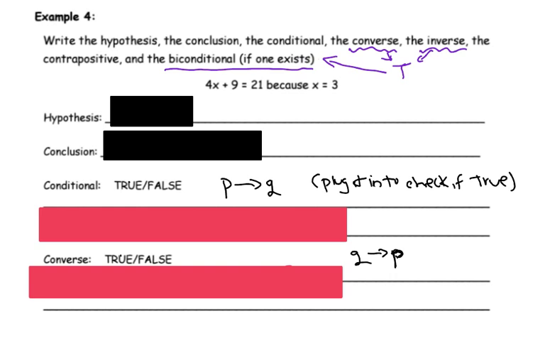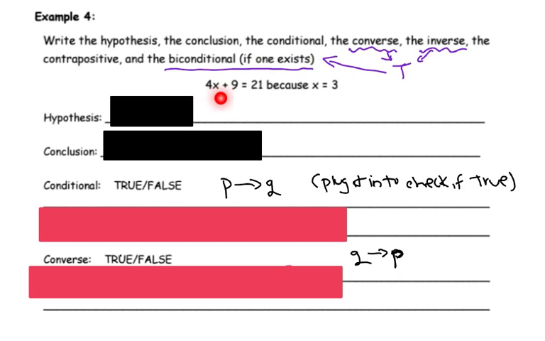The inverse is when you negate both hypothesis and conclusion. Contrapositive: two things you do. You switch the order and you negate both. Our biconditional will only exist if the converse and inverse are basically true. Typically they're equivalent statements, so if one's true, the other one's true. So if the converse is true or the inverse is true, then you actually can justify writing a biconditional statement. All right?